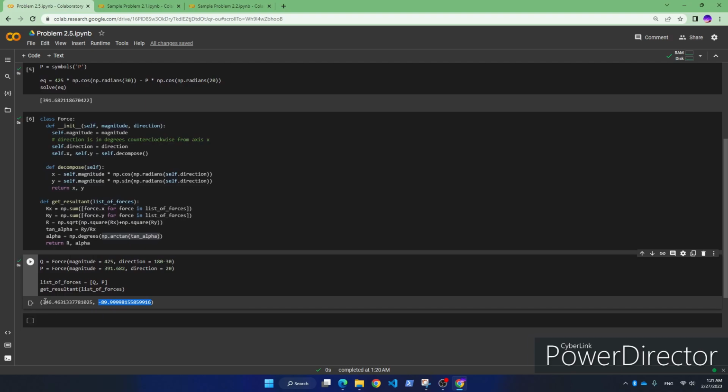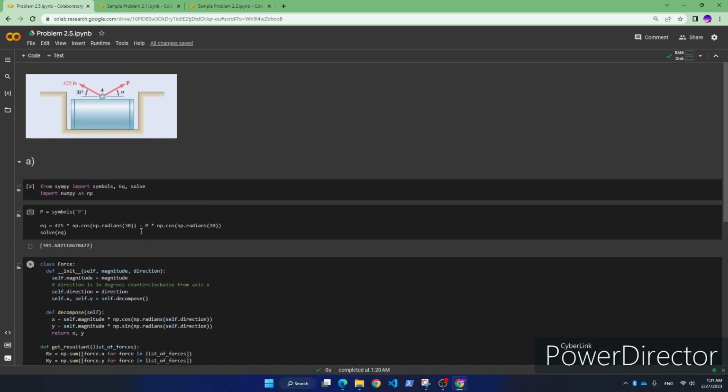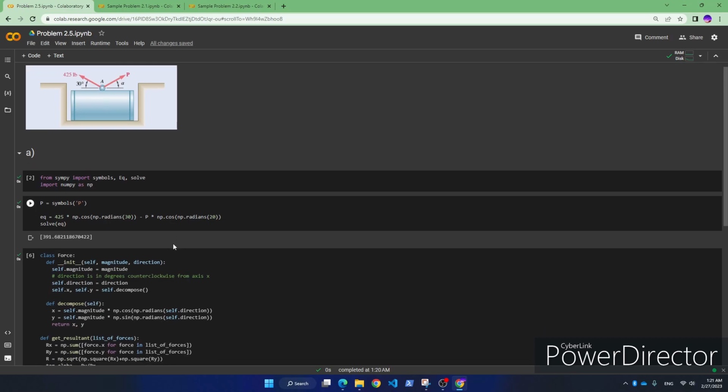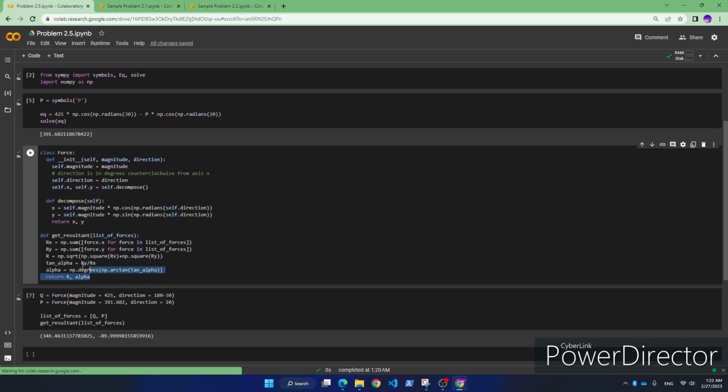But anyway, we know that our resultant is 364.46, and that the direction will be positive 90, because it should be 90. But based on the equation that we used, it will not always give the right value.